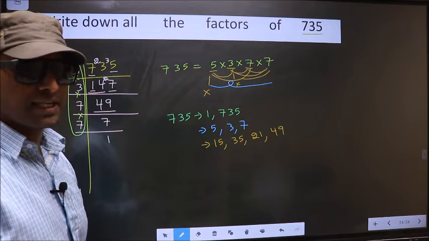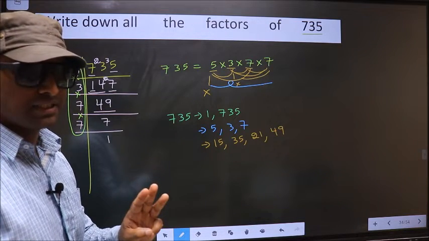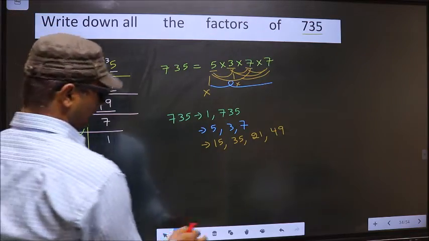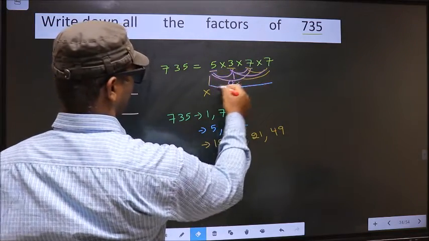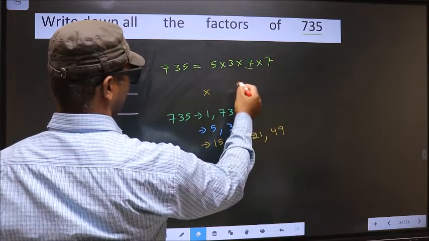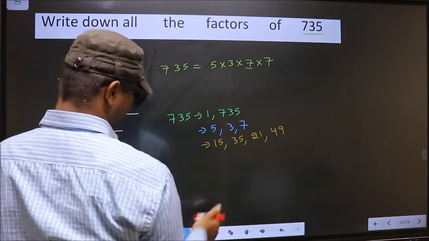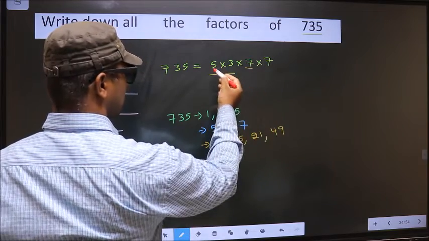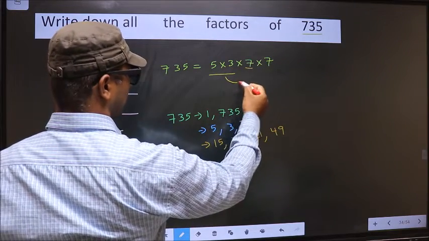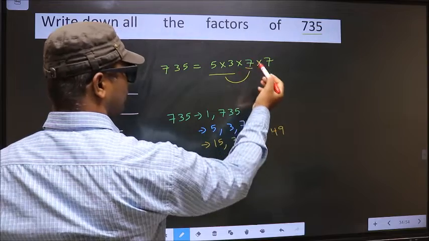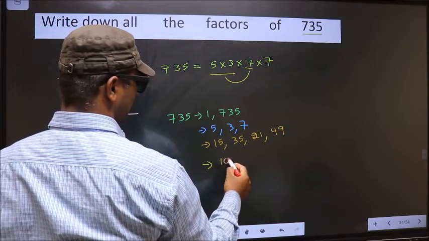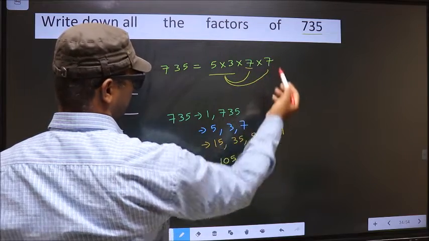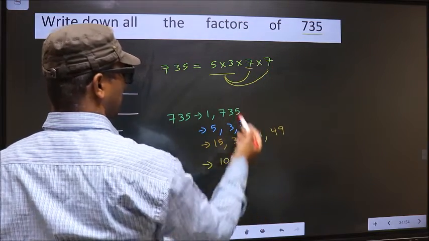Next. Now you take the combination of 3 numbers. How do we do that? See. First, you fix these two numbers, that is 5 into 3, 15, combine with 7. 15 into 7, 105. Now, even if I combine with this 7, then also the same.